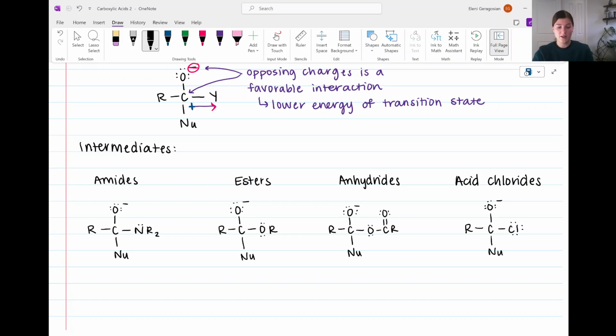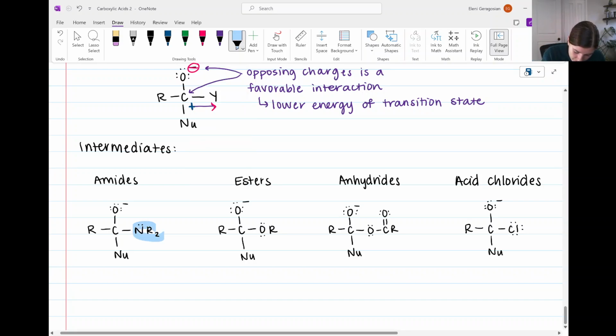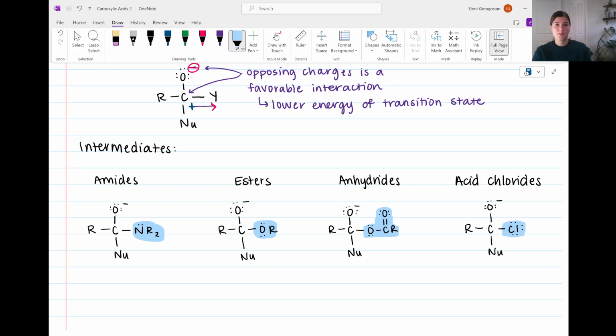So now looking at all of the Y groups, we'll highlight them here: NR2, OR, OCOR, and the Cl. Well, nitrogen is the least electronegative, so that's not pulling as much electron density away from carbon. Oxygen is slightly more electronegative than nitrogen, so that pulls electron density away from carbon a bit stronger.